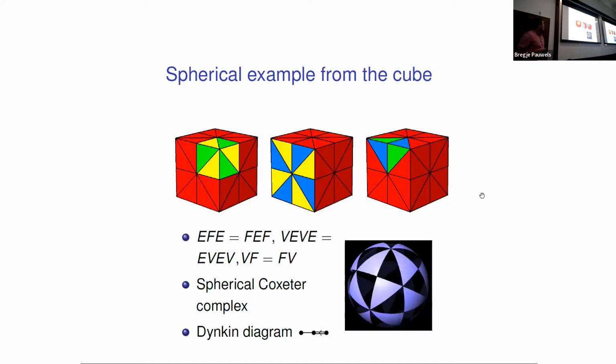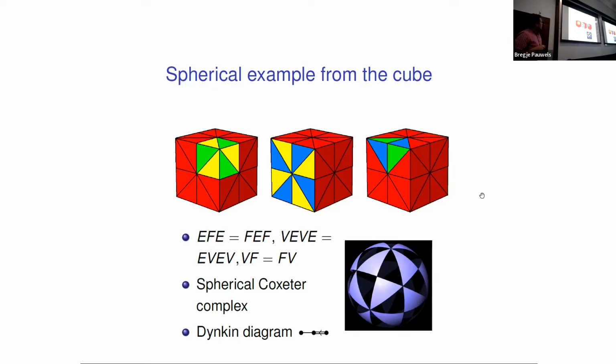So let's look at an example, a spherical example from the cube. So here we have the cube, and we can look at reflections generated in this hyperplane, then that one, and this one. I hope you can see the pointer, otherwise it doesn't make sense what I'm saying.